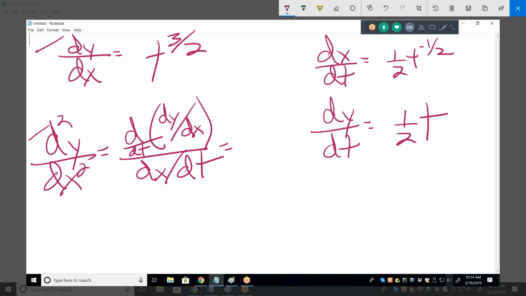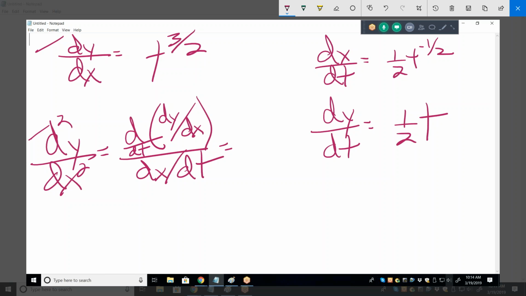See what I just did? In other words, the second derivative is the derivative of dy/dx with respect to t, divided by dx/dt. Now that dt in the bottom makes perfect sense because all I did was divide top and bottom by dt.